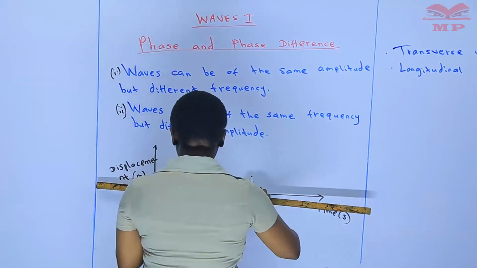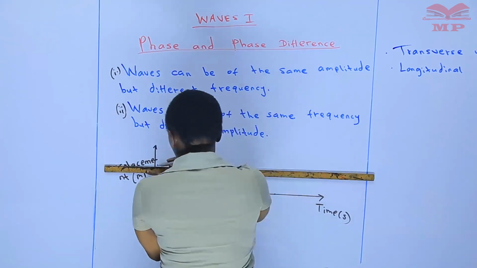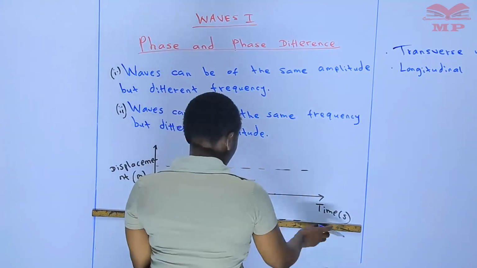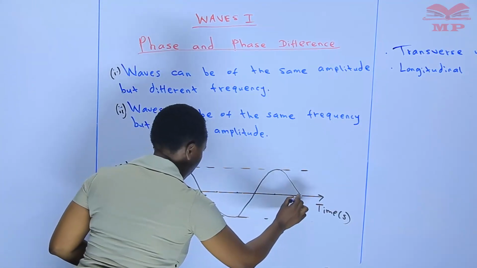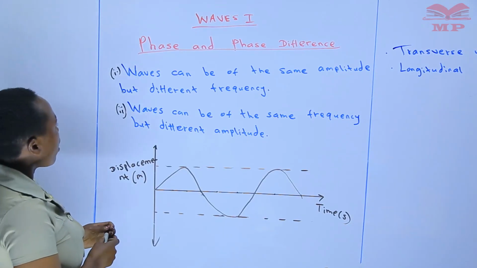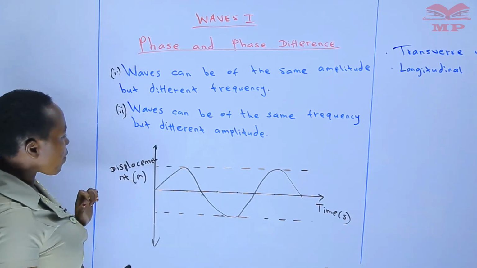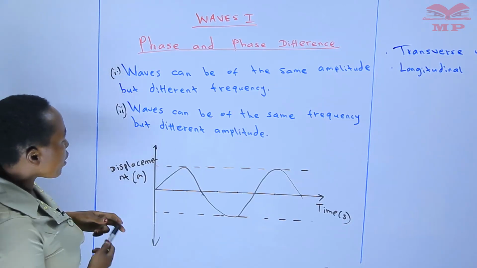And we have this wave here. So we can consider this wave, that's our wave. So we want to draw another wave. This is the first one. We want to draw another one which is of the same amplitude.